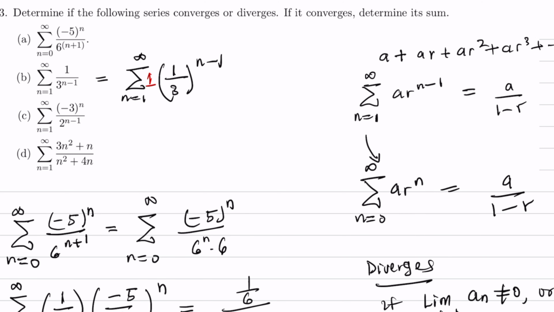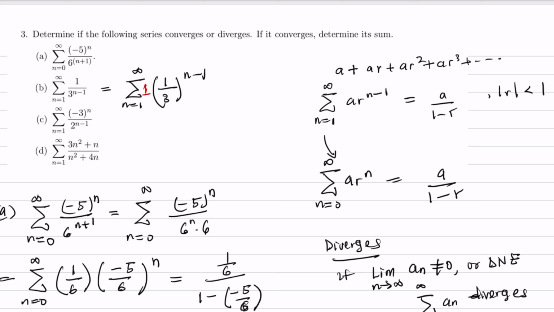Now you can see that this looks so much like this, right? Because n is starting from 1, I'm trying to use this and this expression together. So what is my a? My a is 1, because this 1 is the one coming out. My r is now 1/3, right?